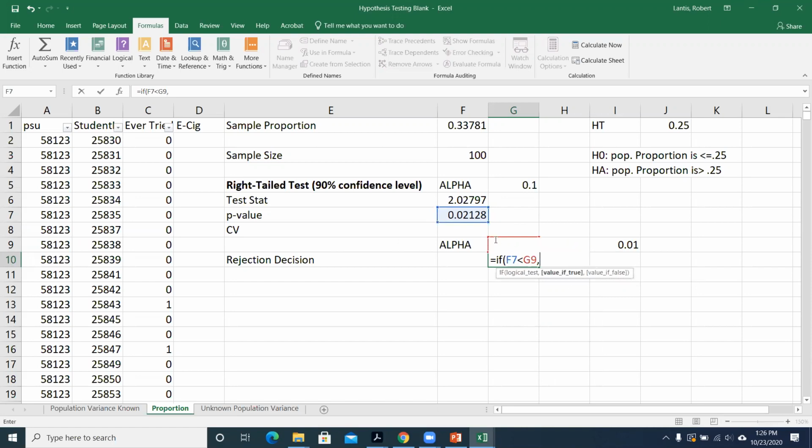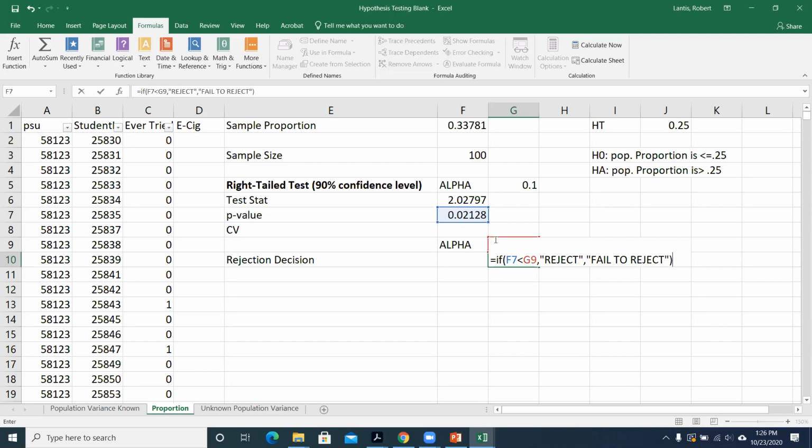Right? If it is, so the very first thing you say is, okay, if that's true, what do I want to show up in this cell? Well, I want the word reject to show up. If I want a word to show up and not a number, I have to put it in quotation marks. Okay? If it's false, if the p-value is not less than alpha, well, then I'd be failing to reject. So I'm just going to put fail to reject here.